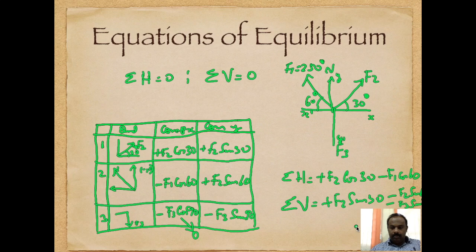So this much I'll just rewrite it because it's not very clear. So again, sigma V is equal to plus F2 sin 30 minus F1 sin 60 minus F3 sin 90. Okay, now we need to equate the H and the V to 0.